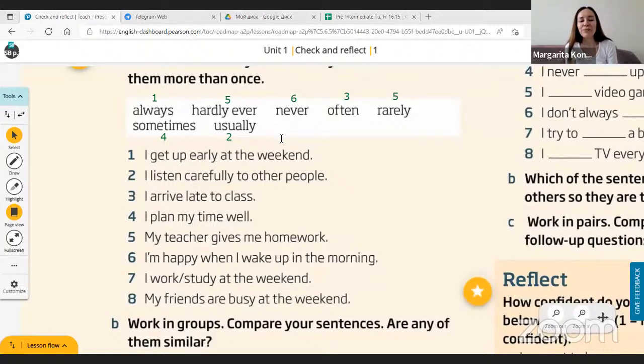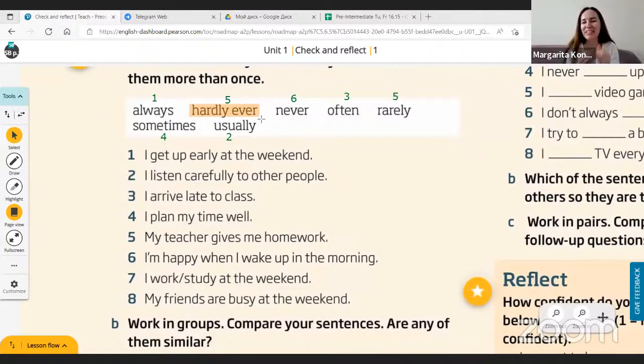Okay. Now you look at the sentences, and these sentences don't have these words, but we need to put them in the correct place. For example, I get up early at the weekend. As for me, I would choose this word. Okay.